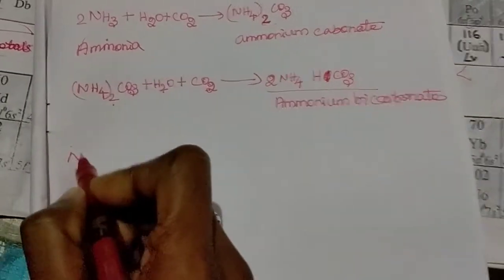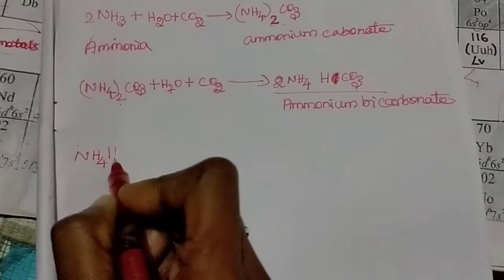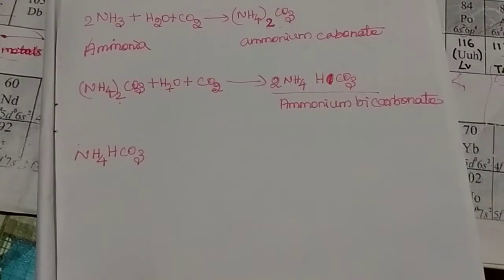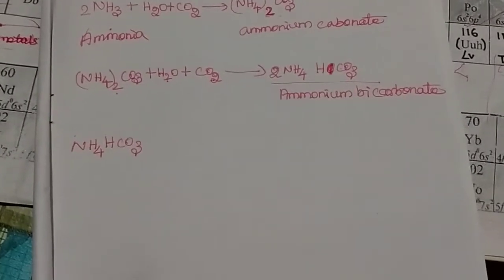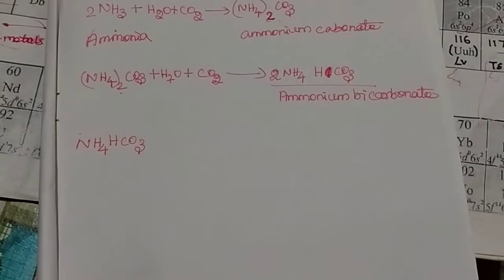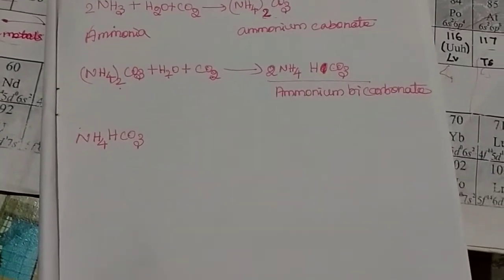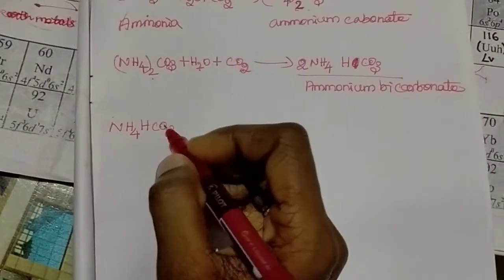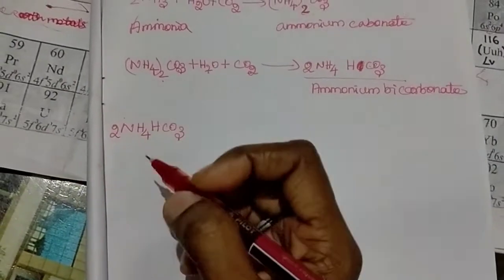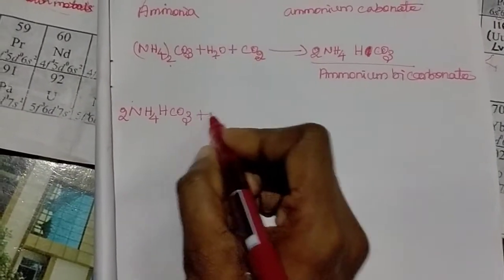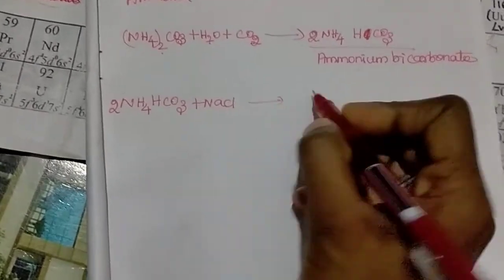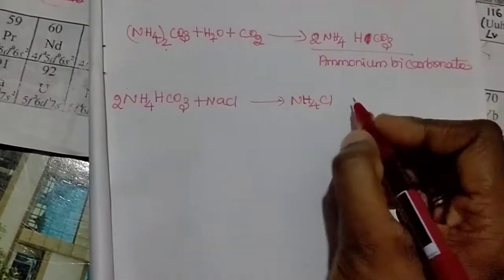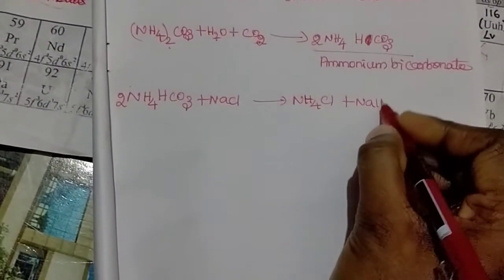Then again we treat this ammonium bicarbonate with sodium chloride solution. An excess amount of sodium chloride is passed through the ammonium bicarbonate solution to make it a saturated solution. 2 moles of ammonium bicarbonate treated with sodium chloride form ammonium chloride as one of the products, and the major product from this step is sodium bicarbonate.